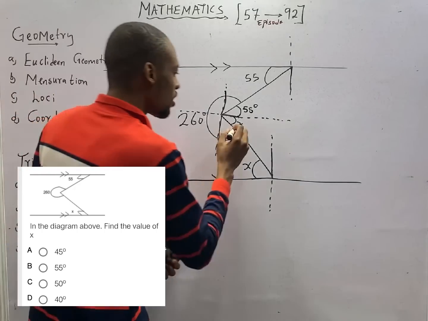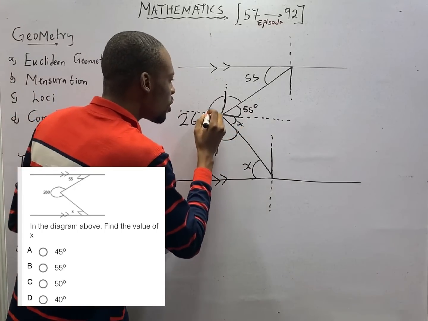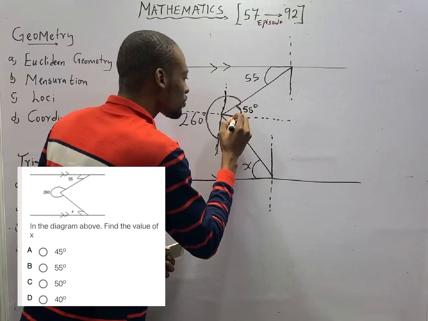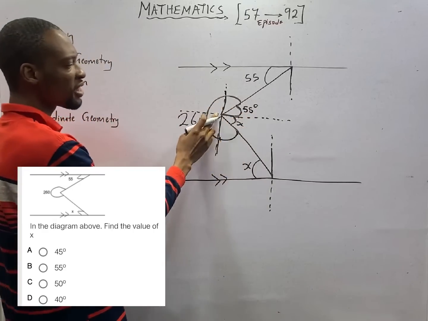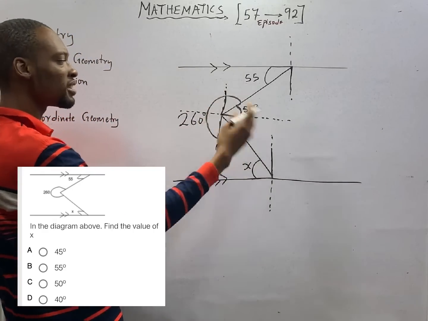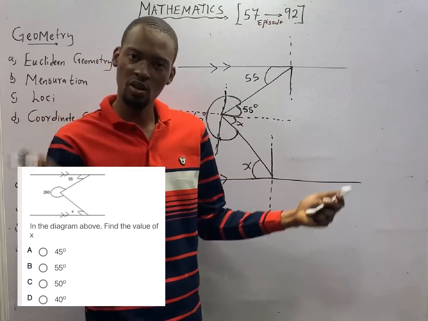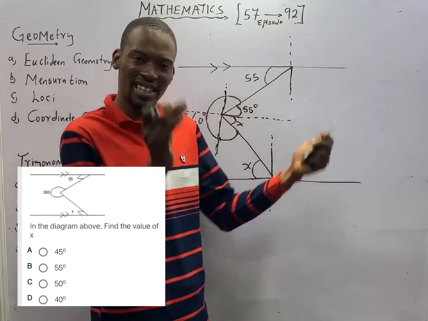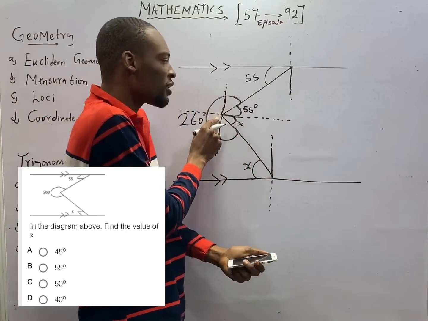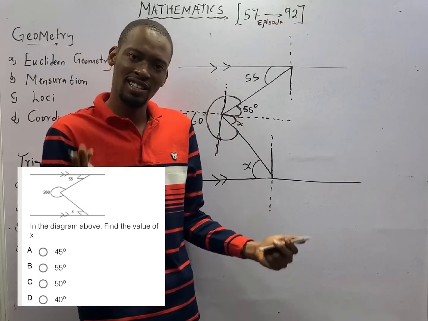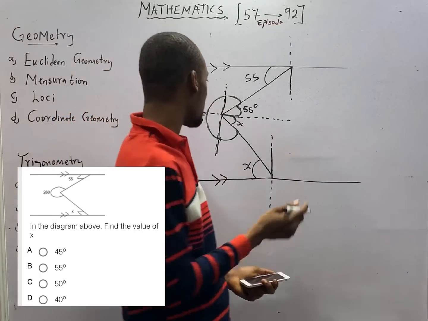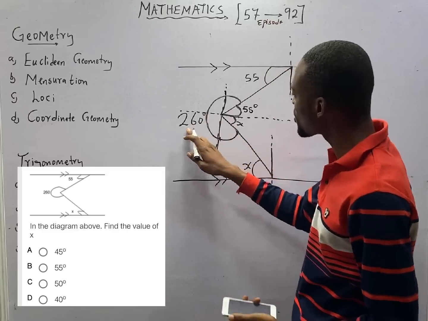Look at this. All these angles form a circle or a point. You see, full angle on a circle or angles acting at a point. The sum of angles in a circle or the sum of angles that are acting together at a particular point is 360 degrees.